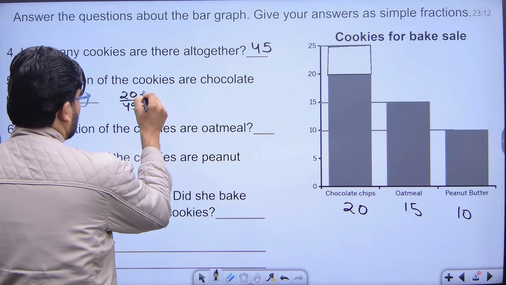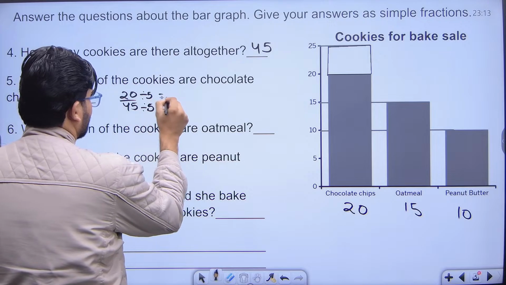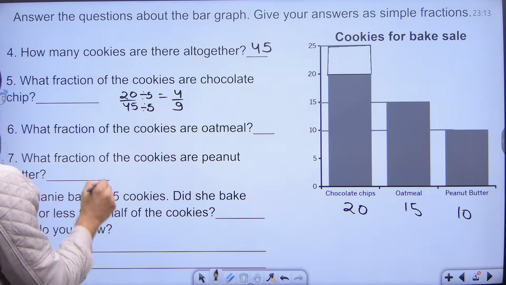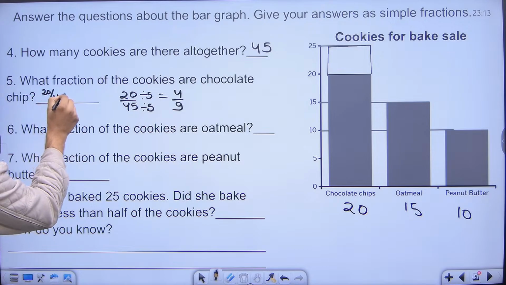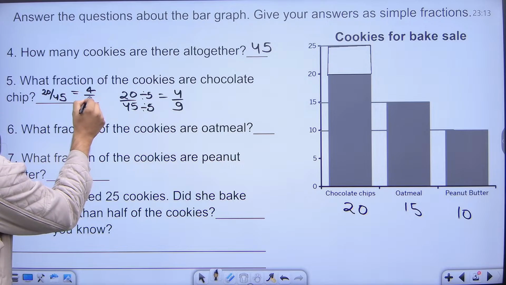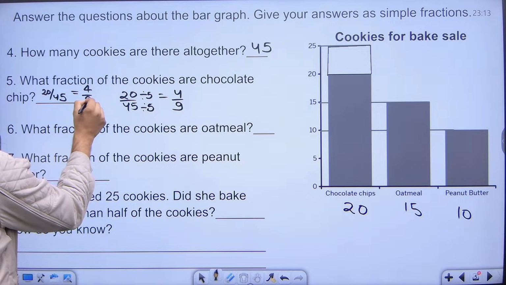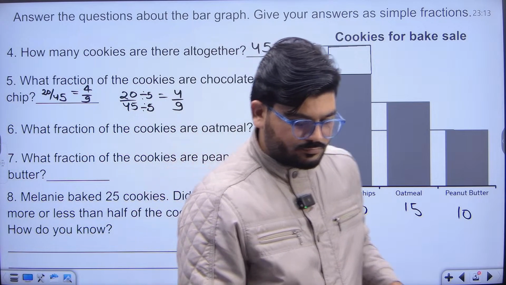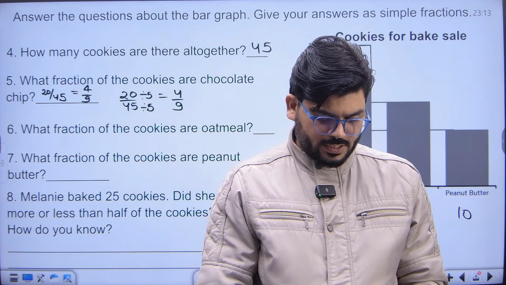So if I divide both the numbers by 5, I will get 4 by 9. So both options are correct. Either you can write 20 by 45 or you can write 4 by 9, which is the real answer. I hope you get that.